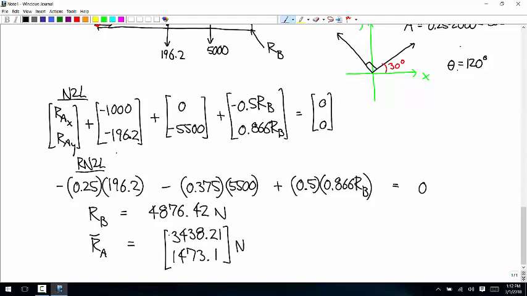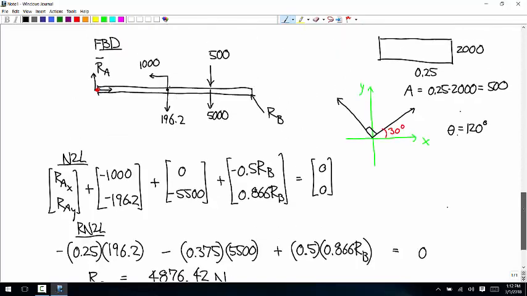Newtons. Any questions about that? Okay, so these forces are acting exactly in between this and this.